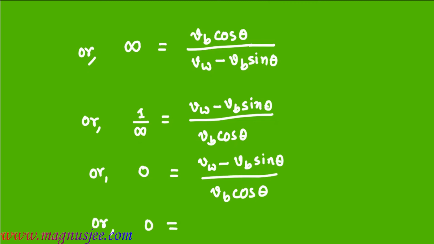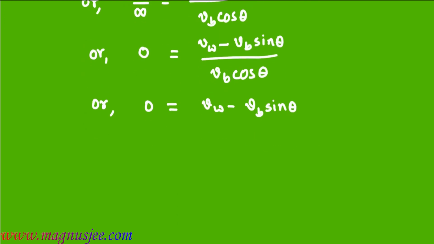Or comma 0 equals VW minus VB sin theta, or comma VB sin theta equals VW, which is equation 2.